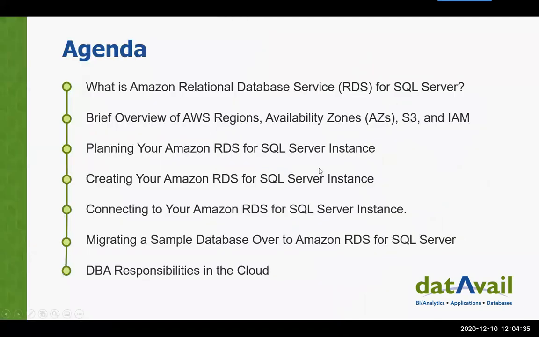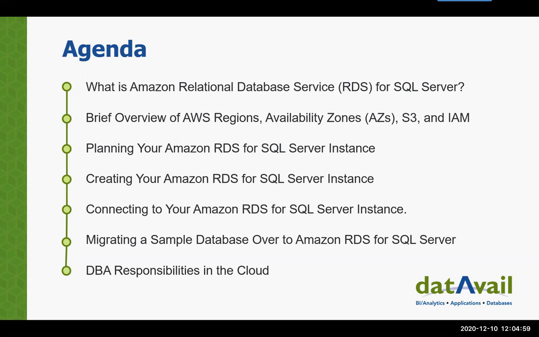All right, agenda for today. We're going to go over what is Amazon Relational Database Services, RDS for SQL. And we're going to provide a brief overview of AWS regions, AZs, S3, and IAM. We will also briefly go over planning, creating, and connecting to your Amazon RDS for SQL Server instance.